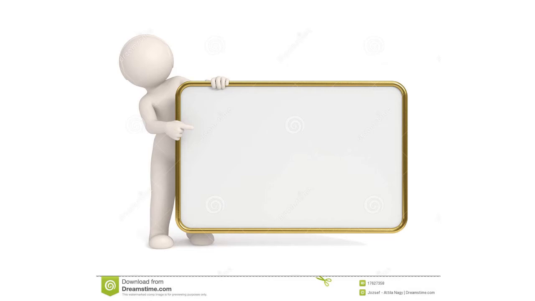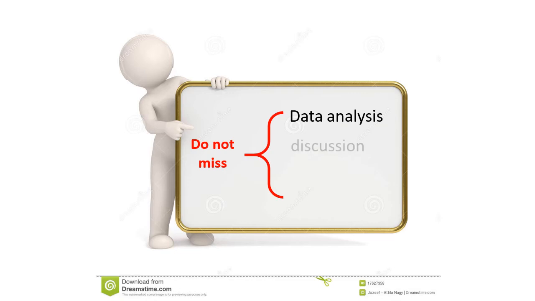Therefore, it is very good advice that you should not miss collecting information. You discuss this information and you analyze it, and then you share it. When you share, you discover what kind of information you have. Is it right or wrong?